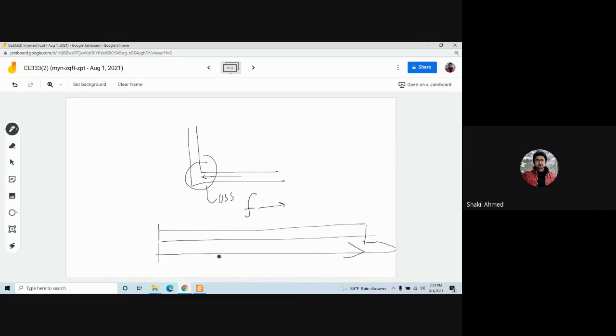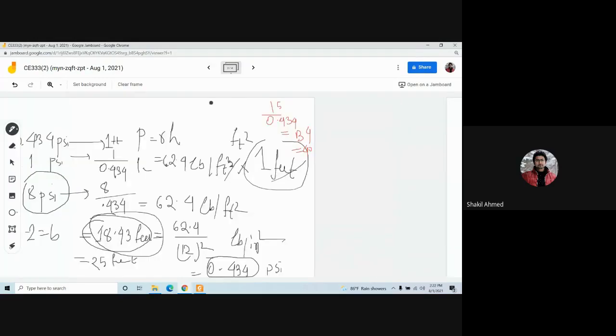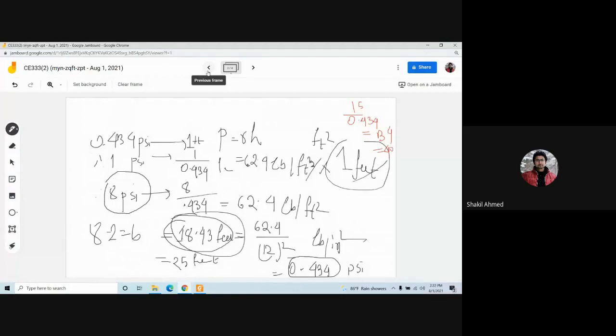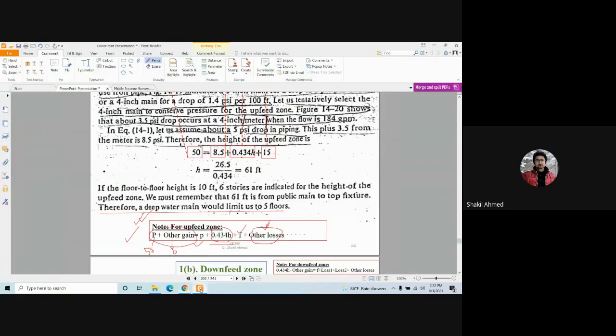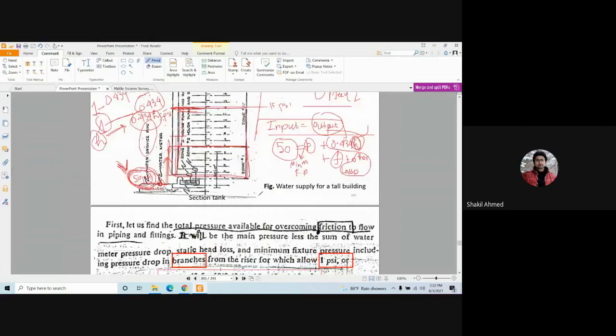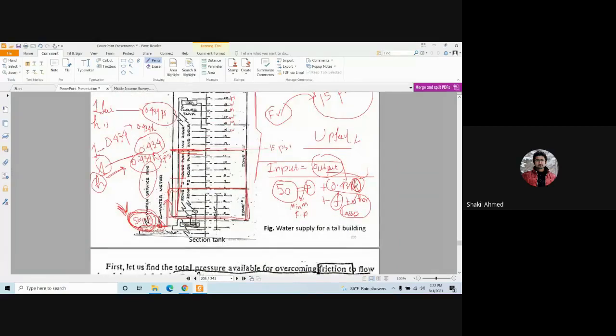The higher the length of the pipe, the higher the friction. But you do not know the length of the pipe yet because you do not know h yet. H is related to L, the length of the pipe.